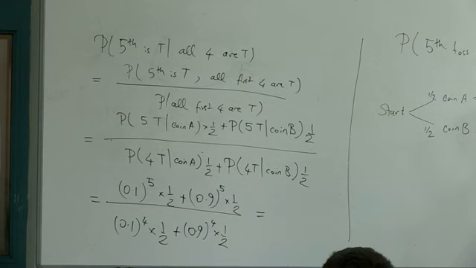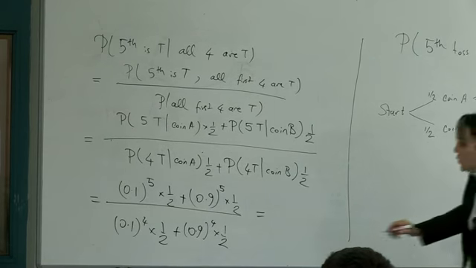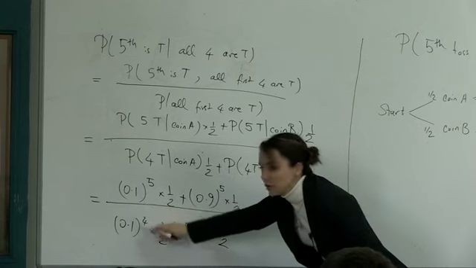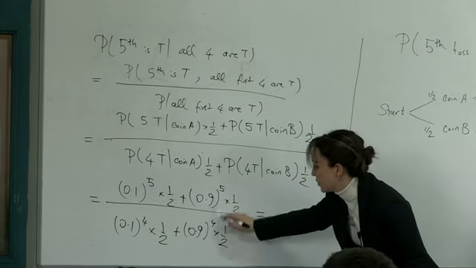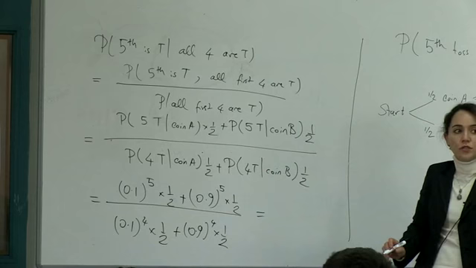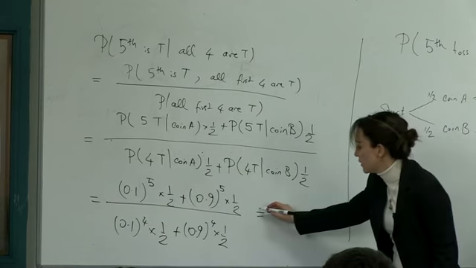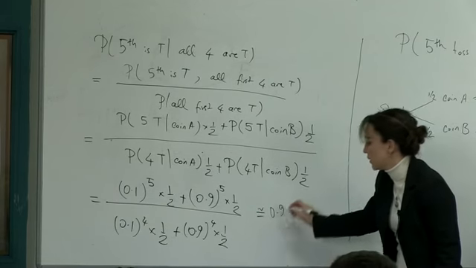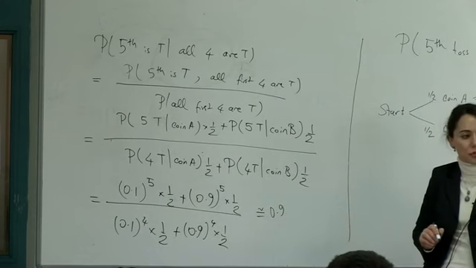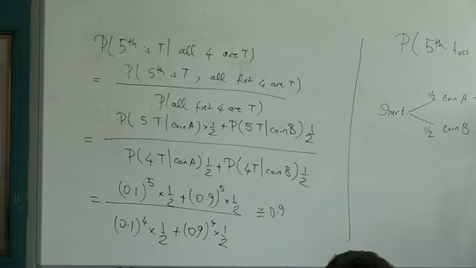Well, the terms involving coin A are much smaller than the terms involving coin B. So it's not hard to show that the result is around 0.9. Of course, it's a little less than 0.9, but it's very close to 0.9.